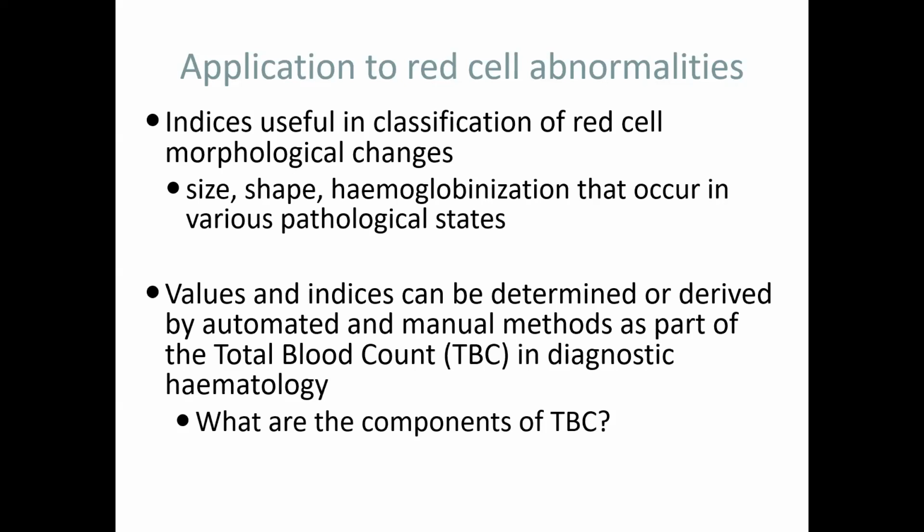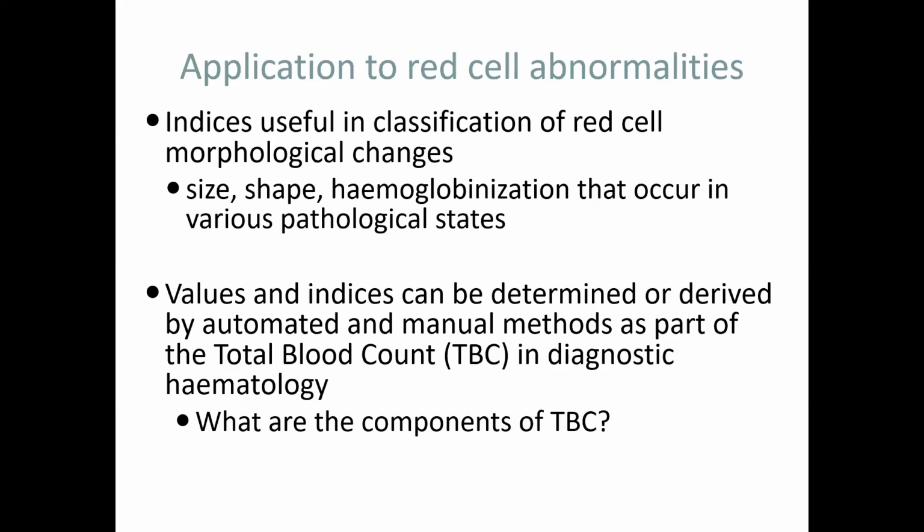Then we also look at the hemoglobinization. Remember, I said you have the area of hemoglobinization and an area of central pallor. If this area of central pallor is increased, it means that the red cell is not well hemoglobinized, okay? So this is a pale red cell.